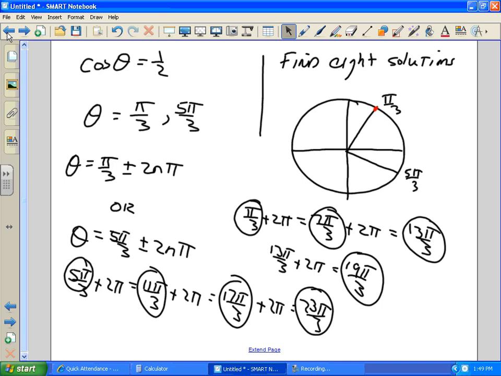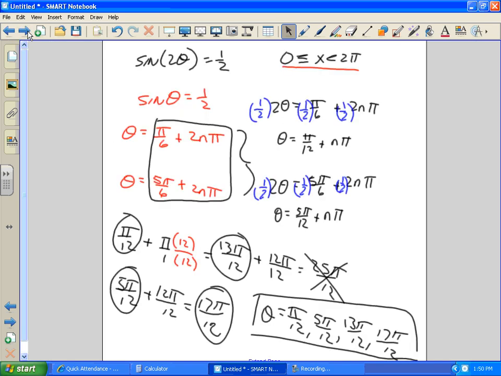So when you come back over here, this is a double angle, correct? And so I'm going to solve it like it's a single angle, and I get pi over 6. Because of the sine and cosine, I know it repeats itself every 2 pi. So there's where the plus 2n pi comes from. In other words, pi over 6 plus 2 pi is 13 pi over 6. You're still at pi over 6, right?